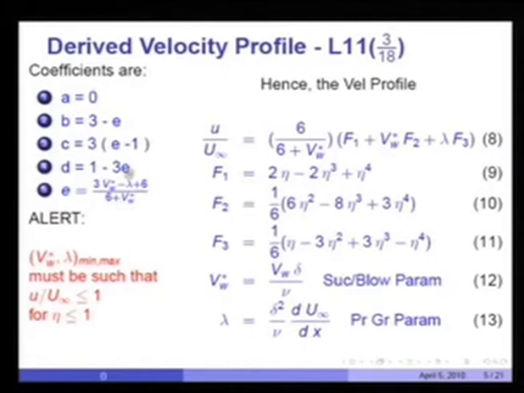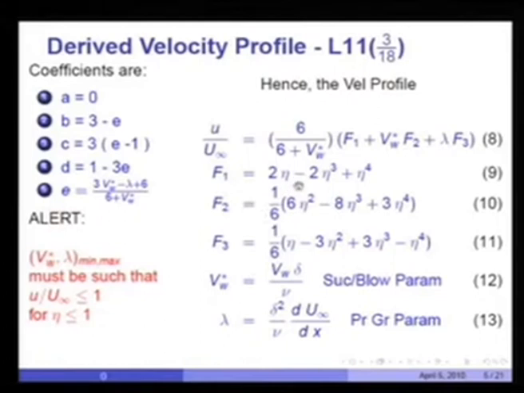So, with these 5 boundary conditions, if I were to write out the equation, the velocity profile will look like u over u infinity equals 6 by 6 plus v w star, a function f1, plus a second function f2 multiplied by v w star, plus a third function f3 multiplied by lambda.